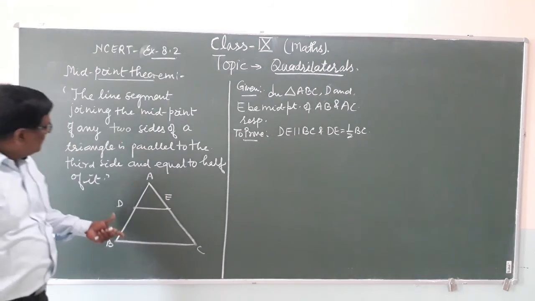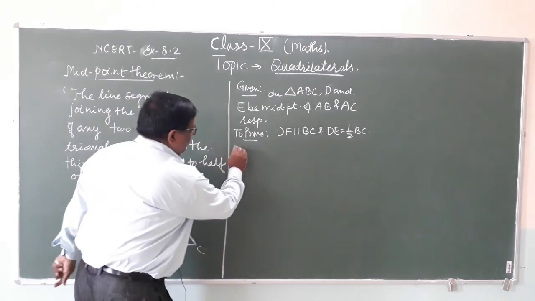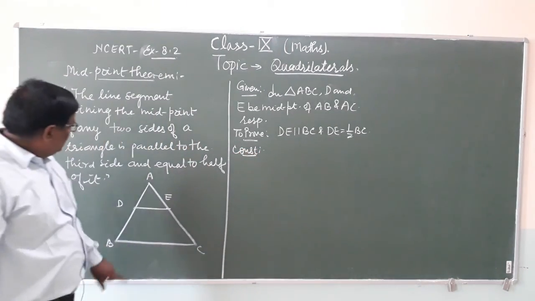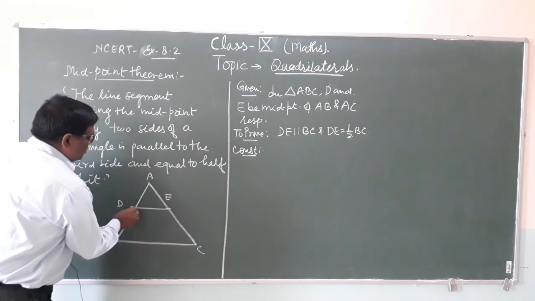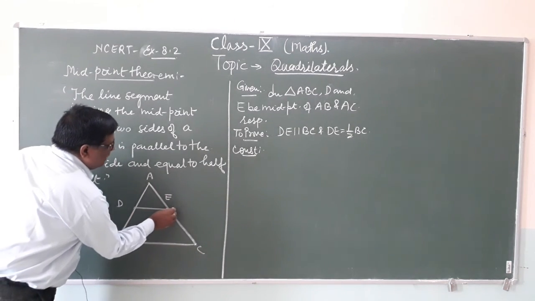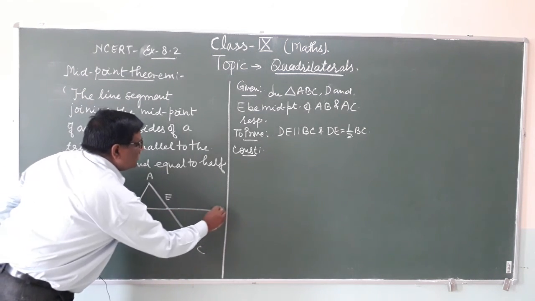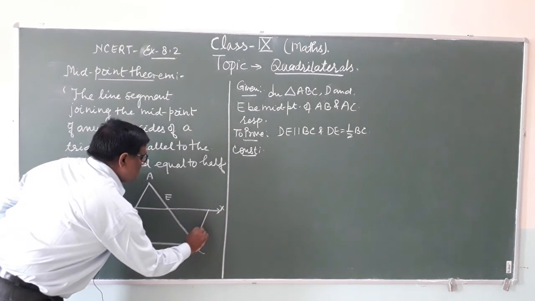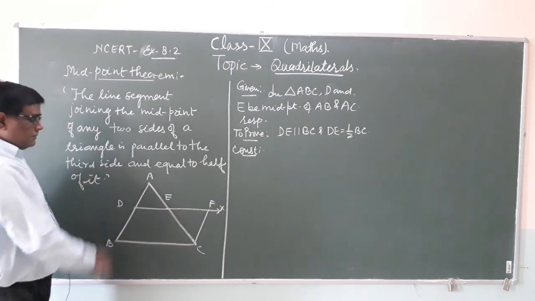We can draw any construction in this figure. Now our construction is, from C, produce DE to F, and draw CF which is parallel to AB.